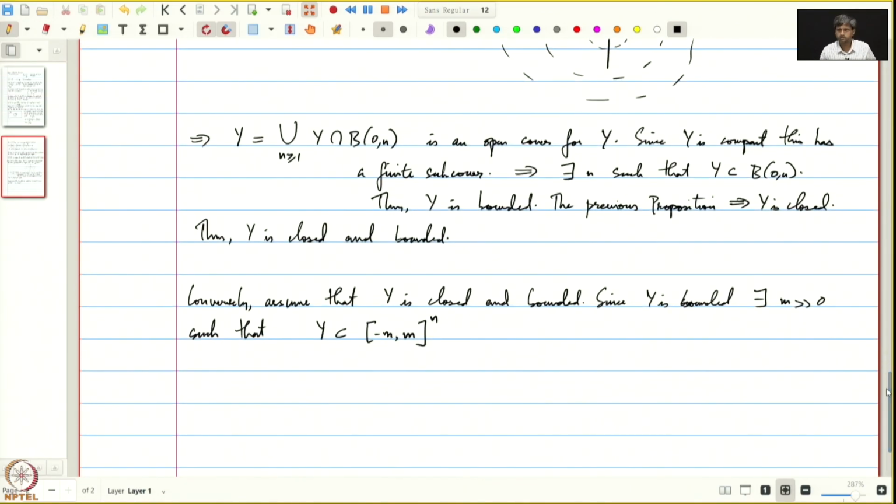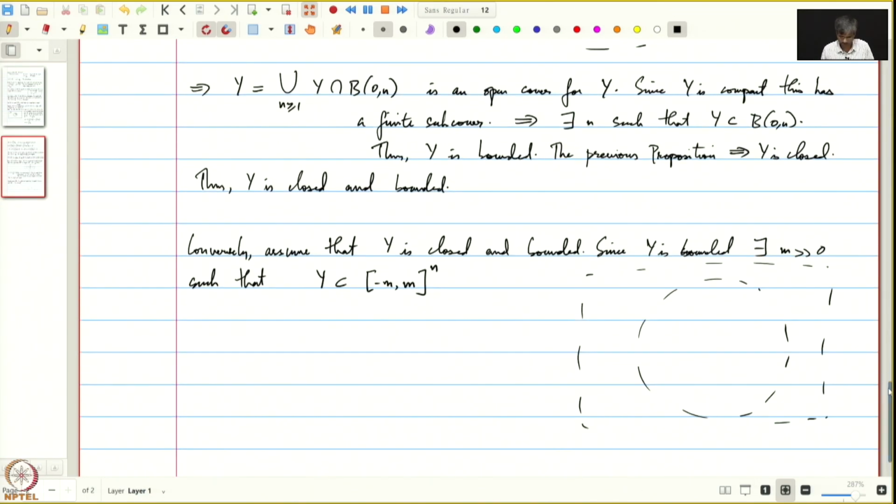So y is bounded means y is contained in some large open ball, and this open ball we can put inside a closed square like this. Okay, so y is contained in this thing.